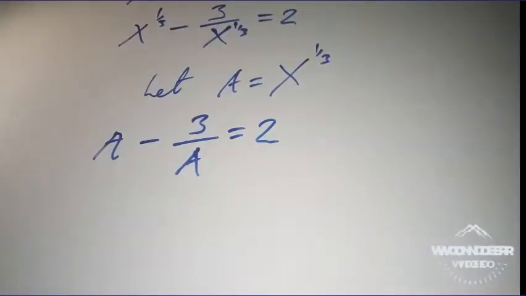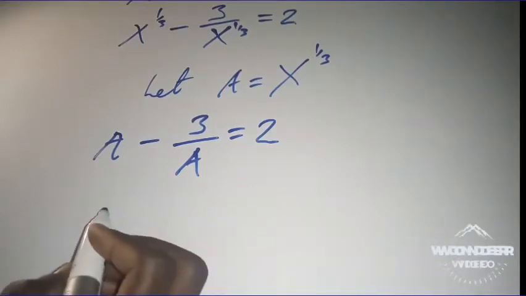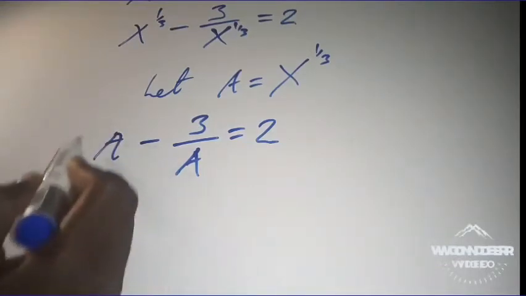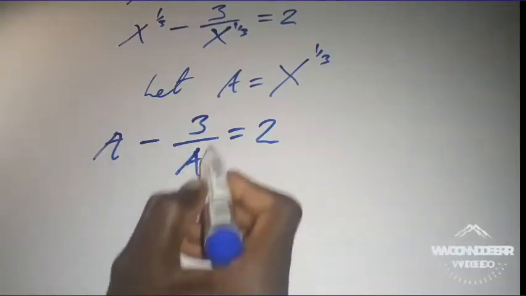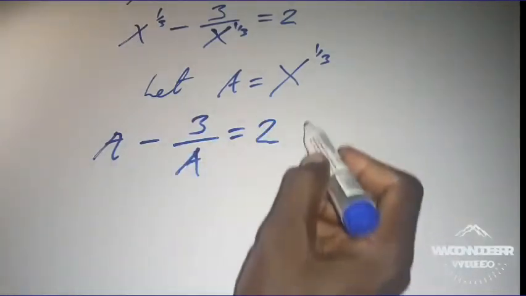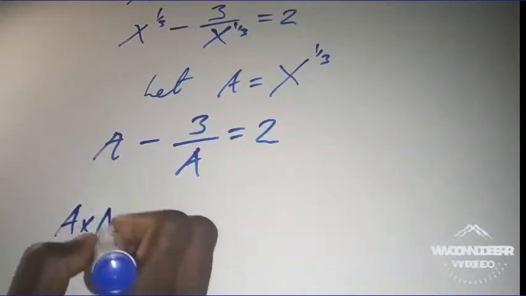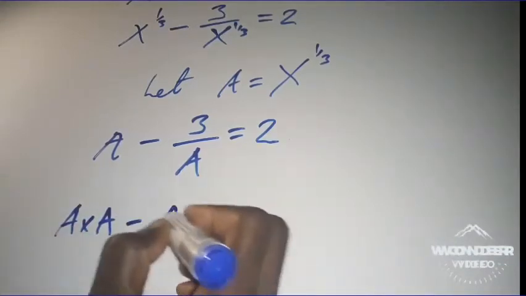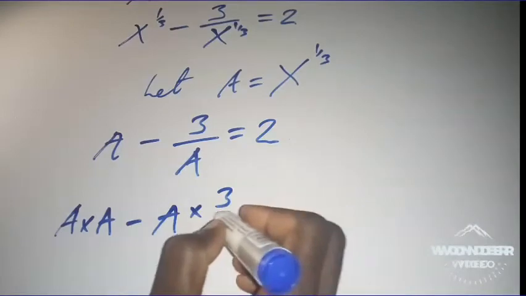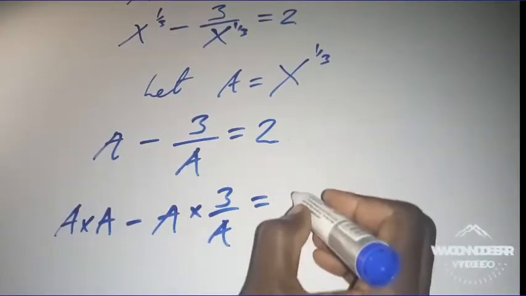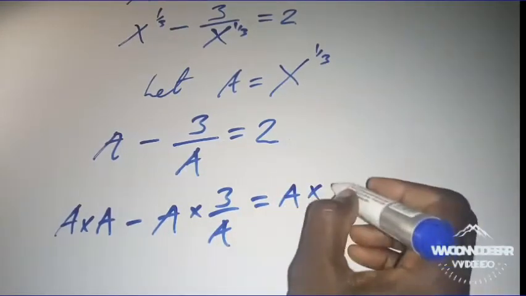To eliminate this fraction, I am going to multiply throughout by a. I'm going to multiply this by a, this by a, and the other side by a. So here I will have a times a minus a times 3 all over a equals a times 2.